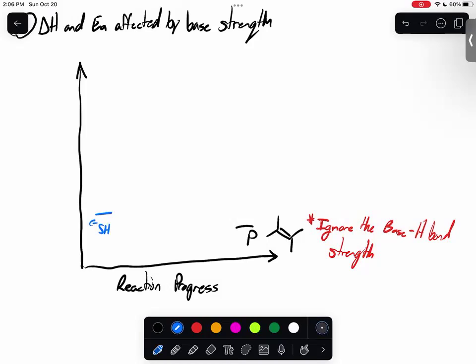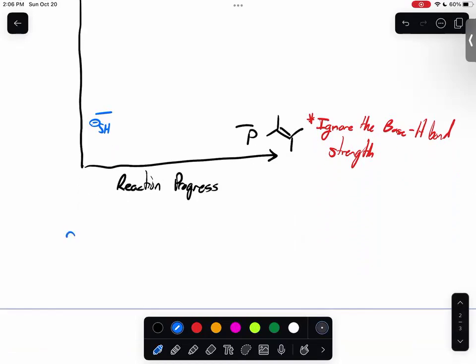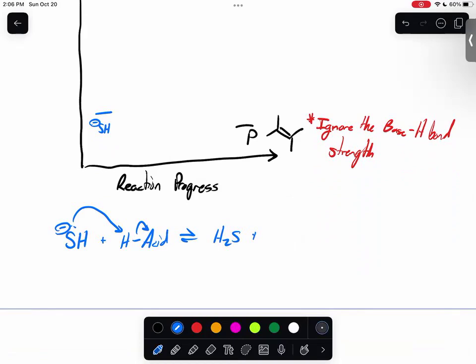We talked before about how this is a good nucleophile, but that doesn't necessarily mean it's a great base, right? If we're thinking about a reaction between SH minus and something H acid, right? This would come on over, grab that proton, H2S plus the acid with a negative charge. We said that this has a pKa of 10 for the conjugate acid. All right. So it's not the best base.